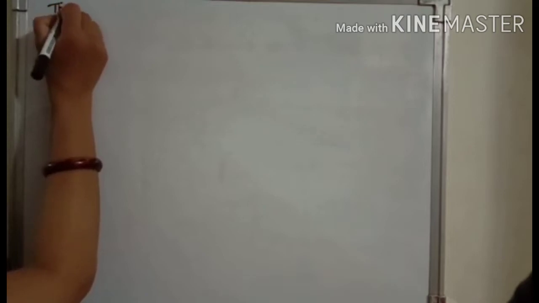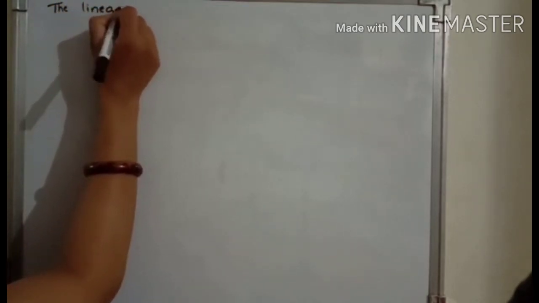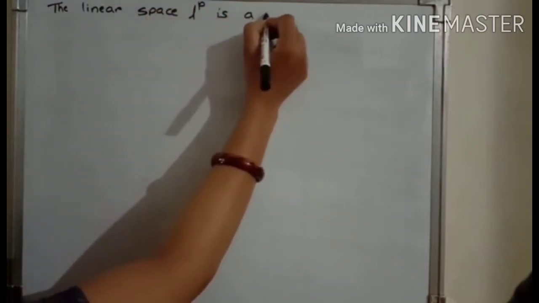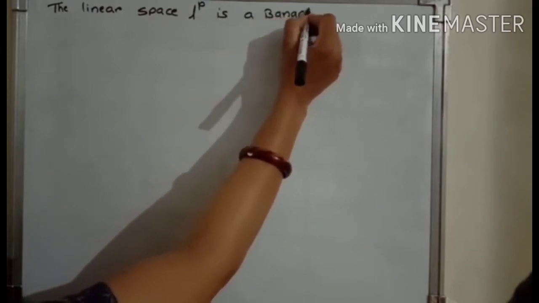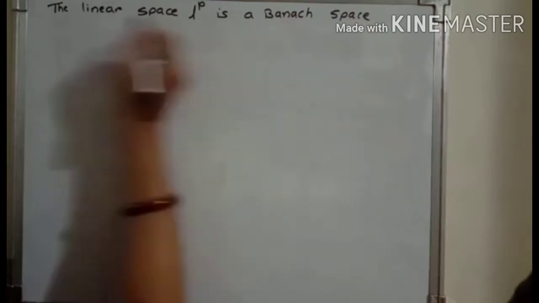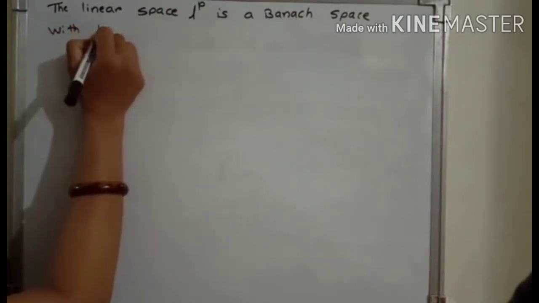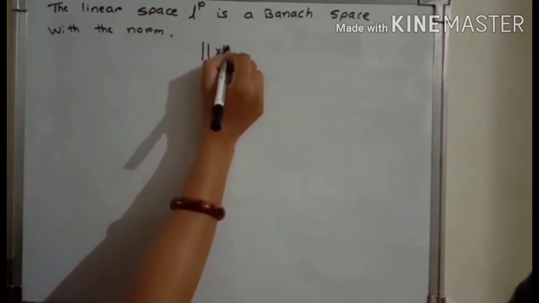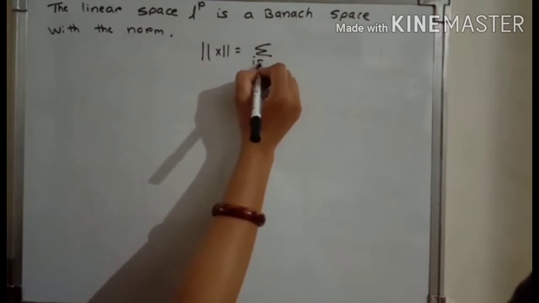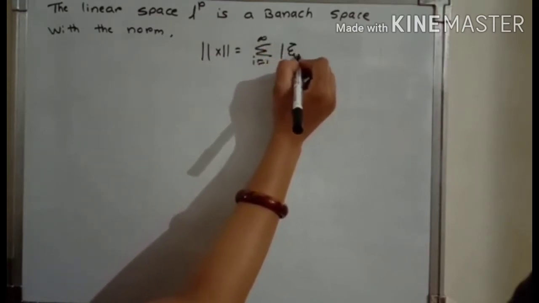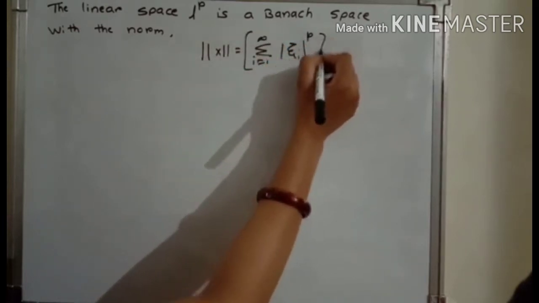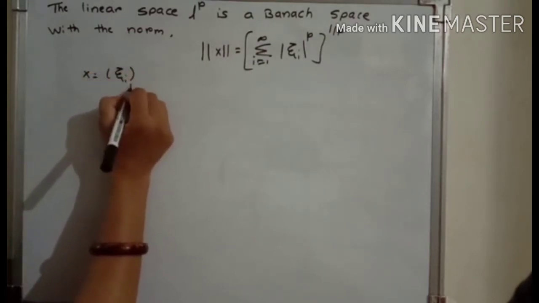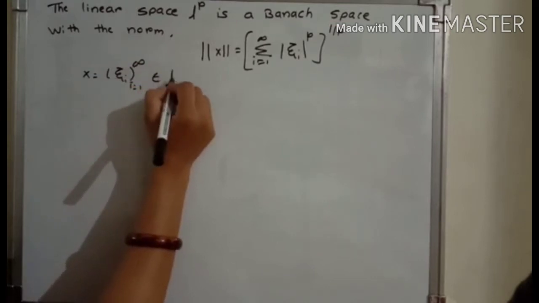The statement is: the linear space ℓp is a Banach space with the norm ||x|| = (Σ from i = 1 to infinity |ξi|^p)^(1/p), where x = (ξi), i from 1 to infinity, is an element of ℓp.